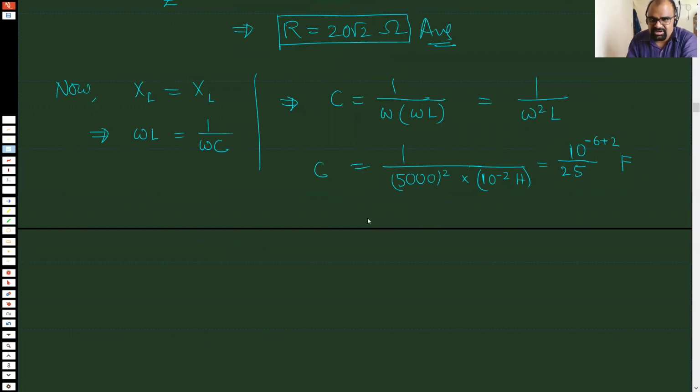And now you have to just do a little calculation. Here you can say 100 by 25. 100 by 25 is 4. So 4 microfarad is the answer. I hope you all agree with this. Just do a little calculation, 100 into 10 power minus 6.